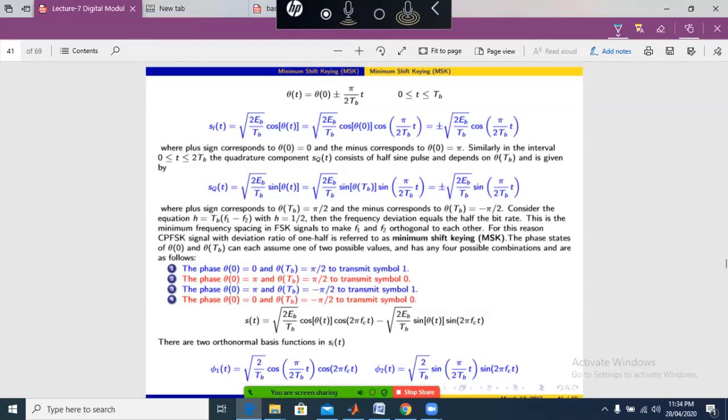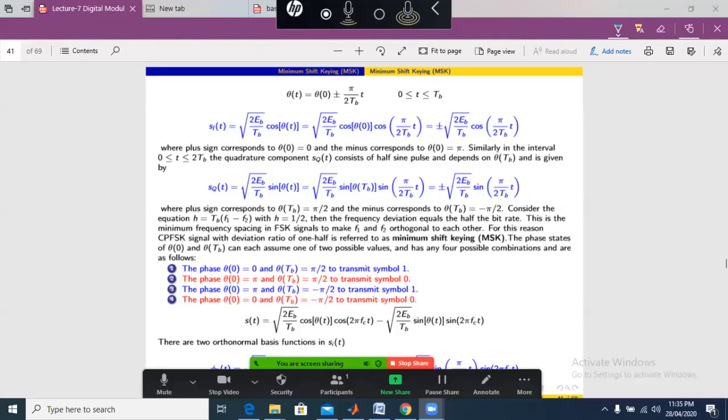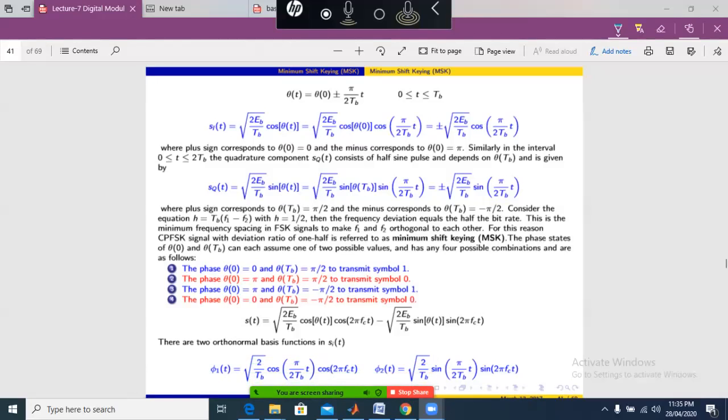So we transmit 0. And if it is pi and we have minus pi by 2, we take the transmitted symbol as 1, right? Because here the initial phase is pi and theta Tb is minus pi by 2. So we transmit symbol 1. And if it is 0 to minus pi by 2, the transmitted symbol is 0, right?